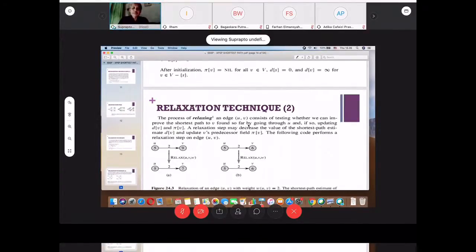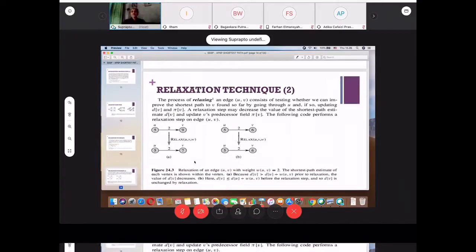When you update the value of the shortest path of vertex v, the consequence is that you have to change the predecessor of v to u. Considering the edge (u, v), by doing this you may decrease the value of the shortest path estimate v.d, and then update the predecessor of v, which is v.pi. This is the illustration.